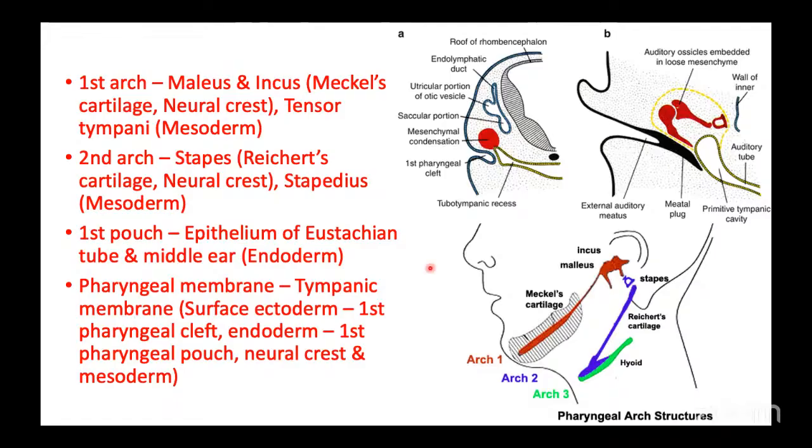So all these will contribute to the middle ear. And you can see that in this image up here on the top right, your malleus, incus and stapes, whose origins you mentioned, and your cavity of the middle ear, which is derived from endoderm, the first pouch.